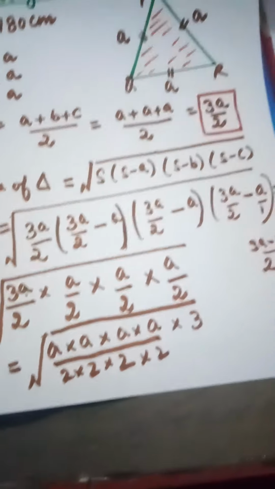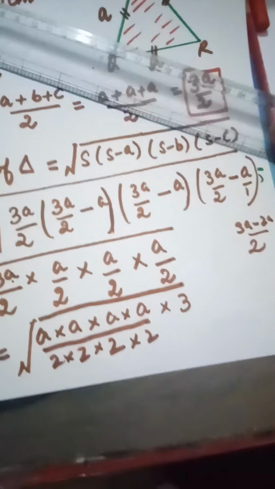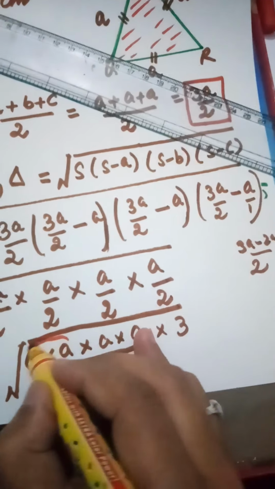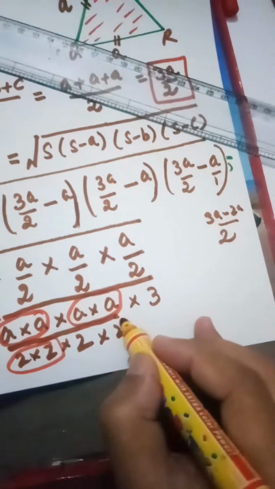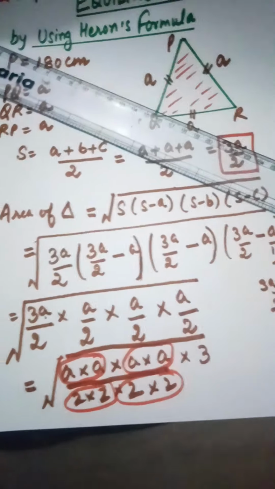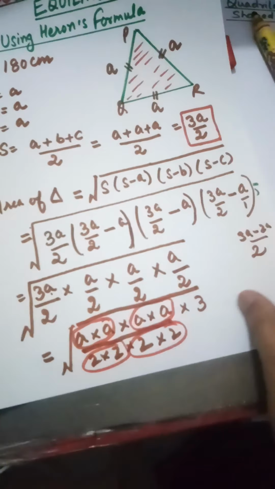Let's highlight the pairs: one pair of A, another pair of A, one pair of 2, and another pair of 2. Okay, so these are the pairs, and you know very well that out of the pairs we can take one out.